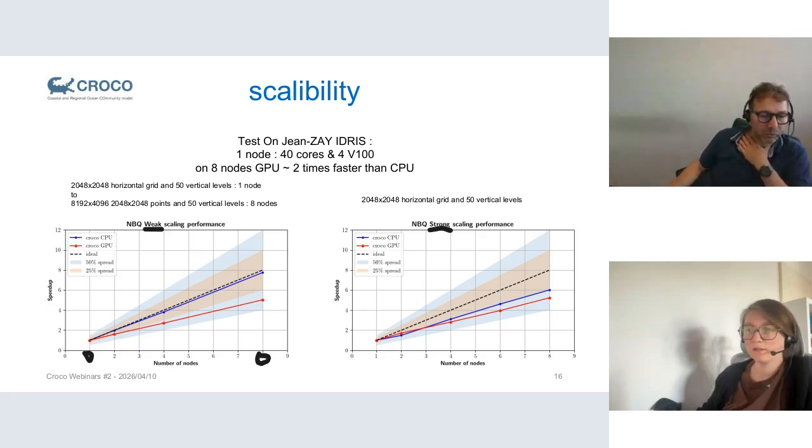But to use multiple cards, you have to use MPI and at least one domain per card. If you use multiple nodes, it works, but the scalability is not perfect.